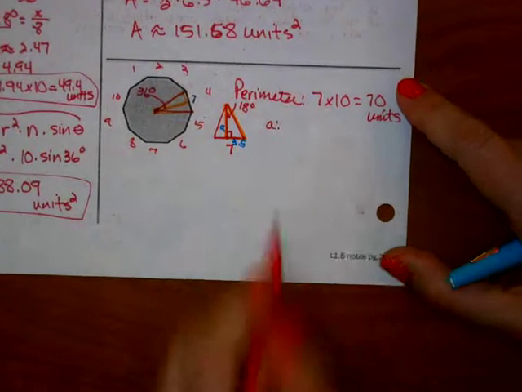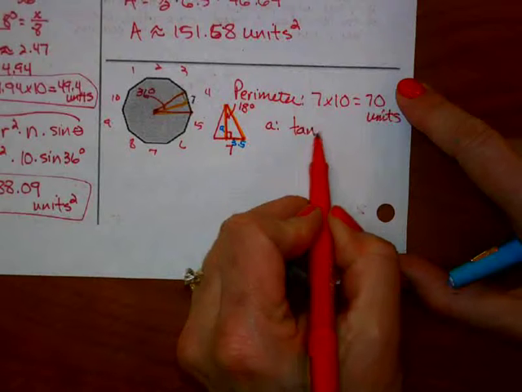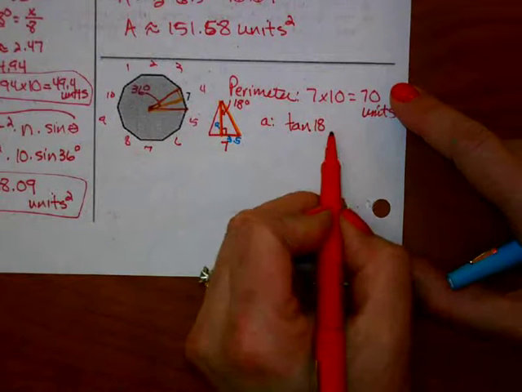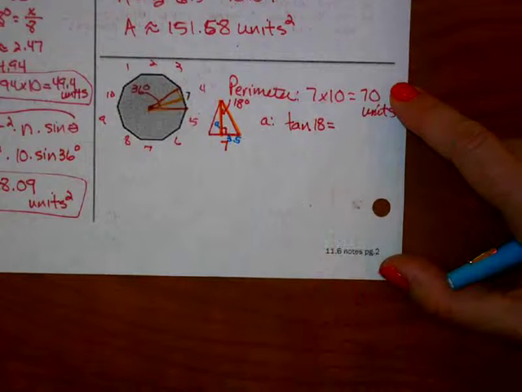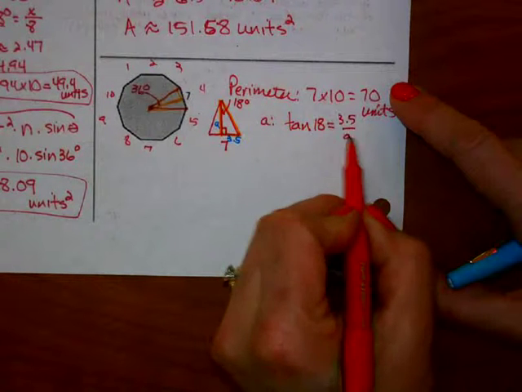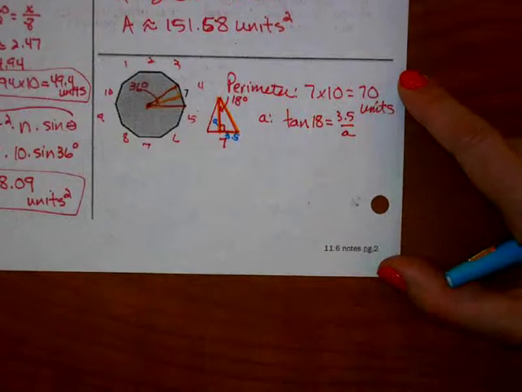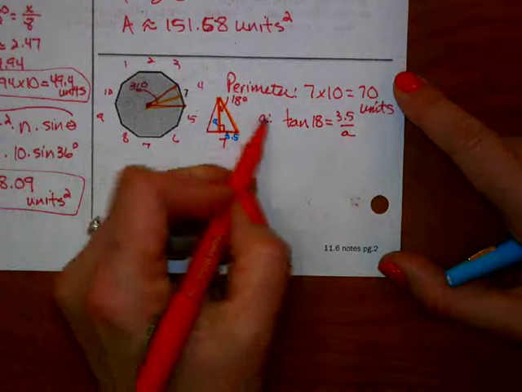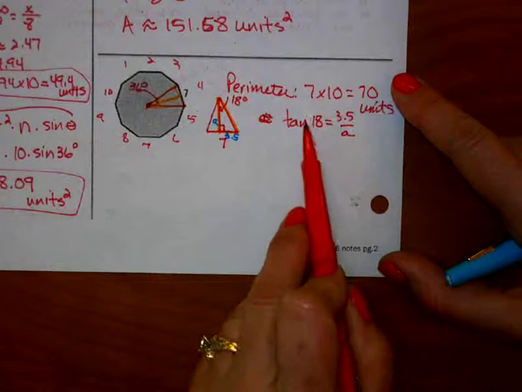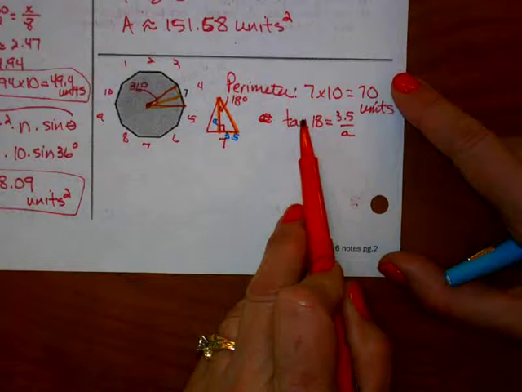So my A is going to be equal to the tangent of 18, which equals the opposite, which is 3.5 over A. And ultimately, I'm just going to cross that off. Ultimately, what you're doing is dividing 3.5 by the tangent of 18, aren't you?